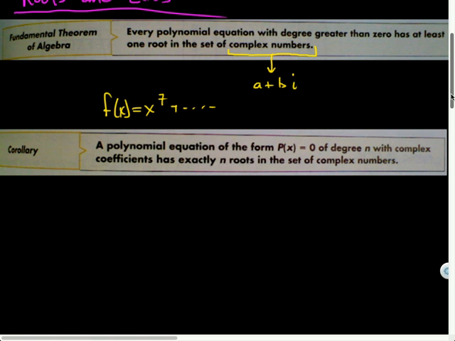So a corollary is a follow-up to another theorem, and it's usually a short step.